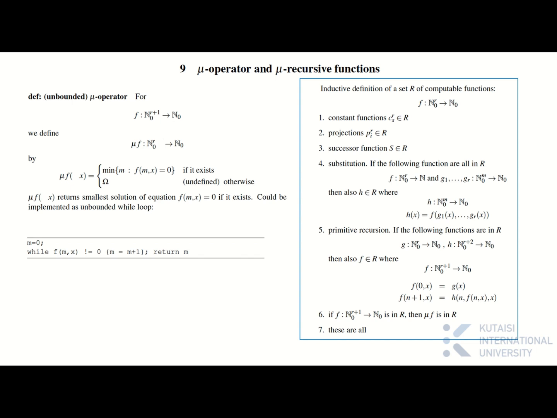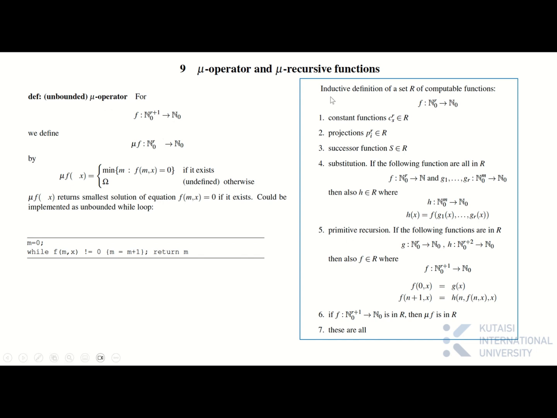The whole point of the mu operator is not that it's just adding functions that are not defined everywhere. It's really philosophically and principally doing a new thing. And we will see that when we move to Turing machines, and this exact same thing can be interpreted also as a Turing machine, which just loops forever.